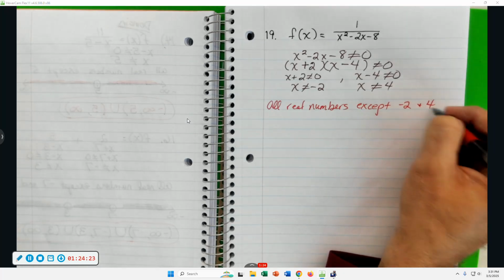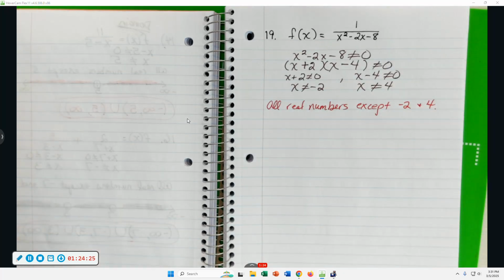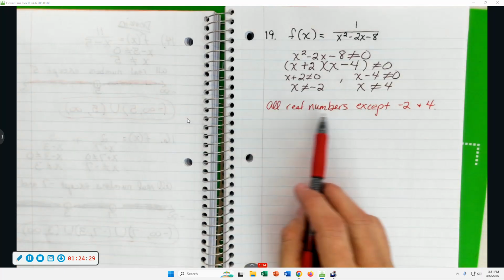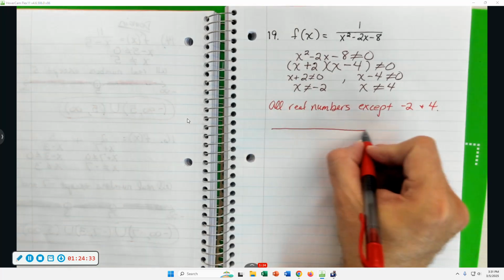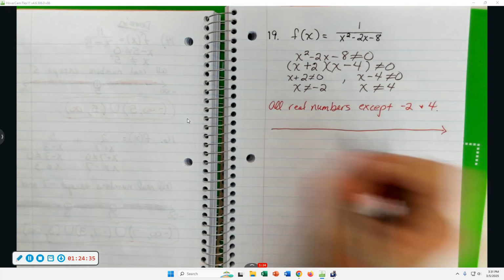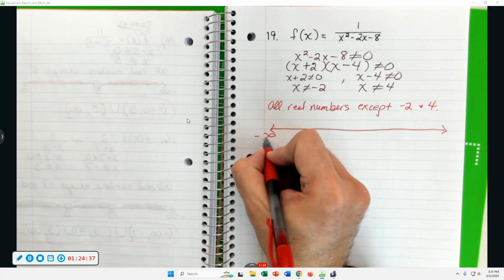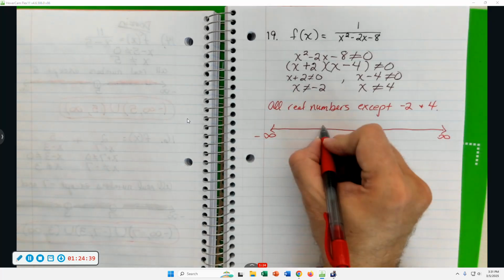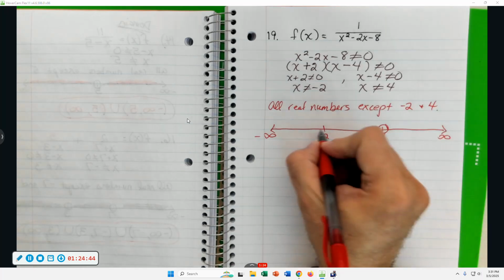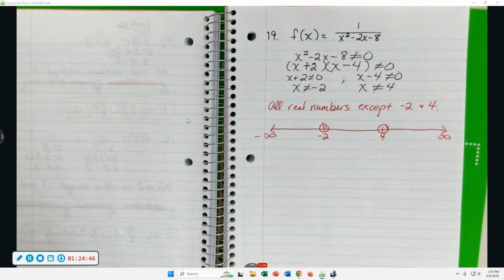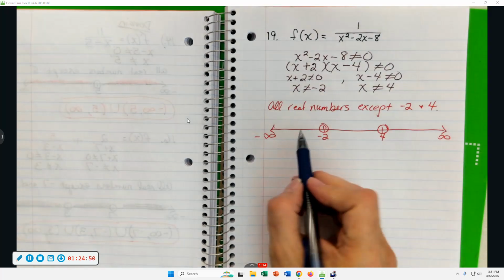So are we going to list every interval here, since we want all real numbers except negative 2 and 4? Negative 2, 4, open circle, and shade everything except negative 2 and 4.